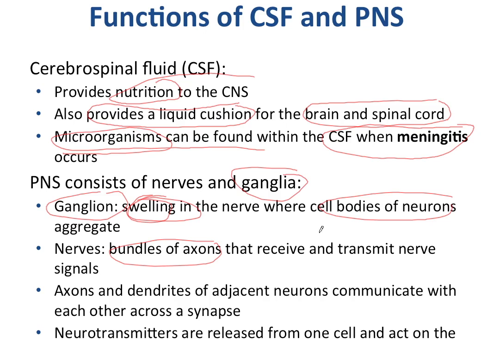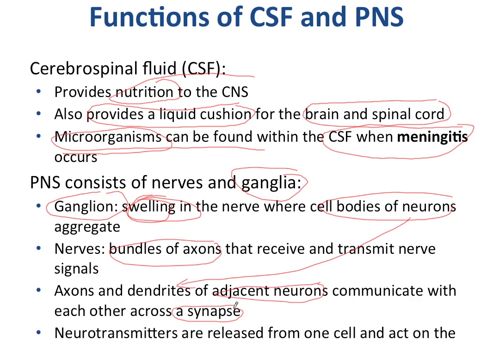So actually, the neuron contains axon and dendrites. Okay. So one neuron's axon can contact the dendrites of the adjacent neurons. Okay, through the synapse.